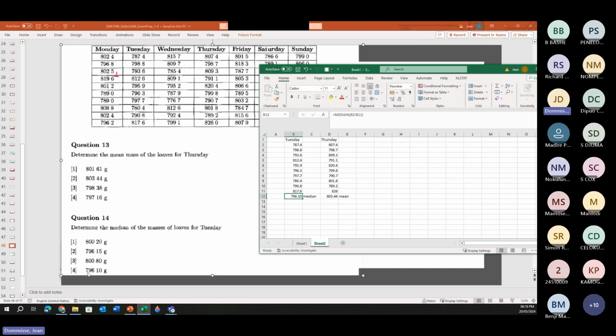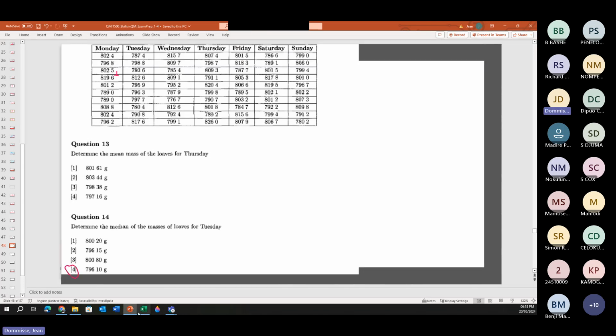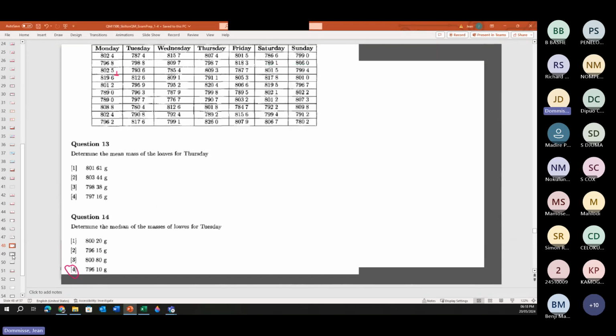But yeah, 796.10, so the option is option 4. I really don't like it that they have numbers this close to one another. Even the other two are also close to one another. Really not the nicest.